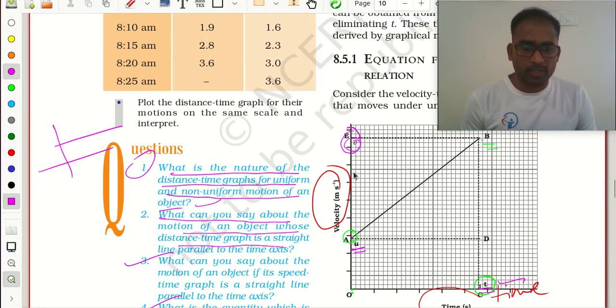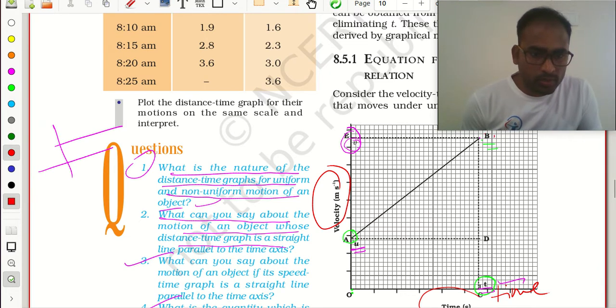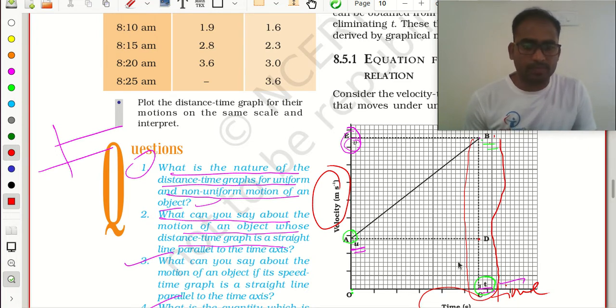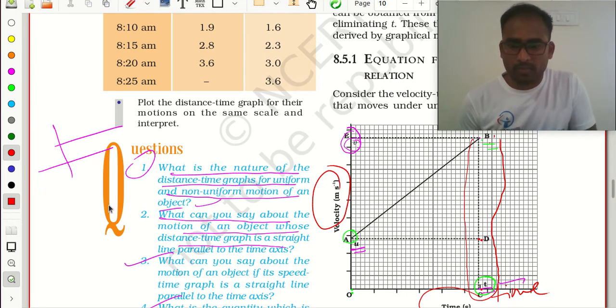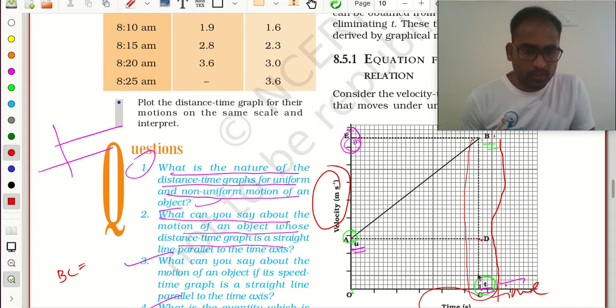Okay. So from here, if you observe this graph, this line, here we have B, here we have point D, here we have C. We have B, D, C. I can write BD plus DC is equal to BC now. I can write this full length BC is divided into BD plus DC.